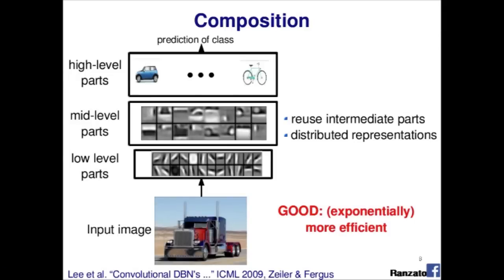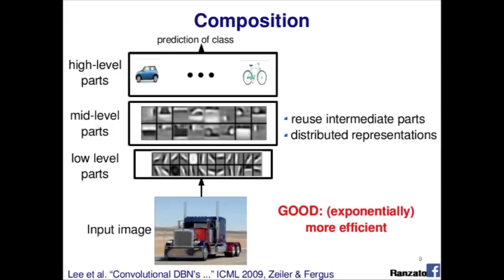While in the composition approach, we recognize that objects can be decomposed into parts, parts into subparts, and a single object at any layer of this hierarchy is represented by a few different features, not just one. And this is very important in high-dimensional spaces because it's much more efficient and you cover the space much better.